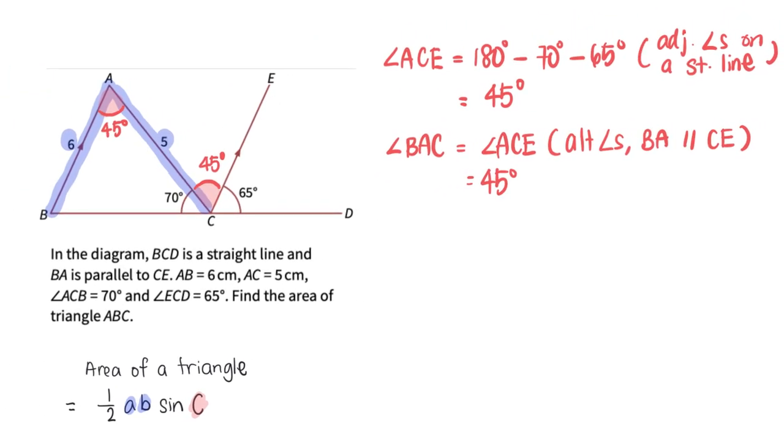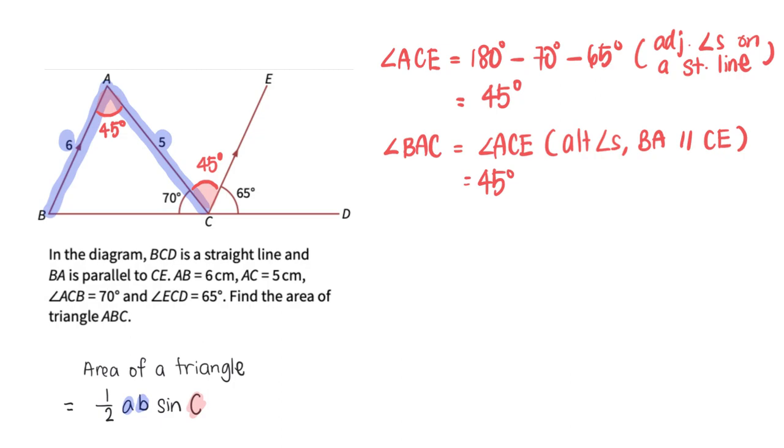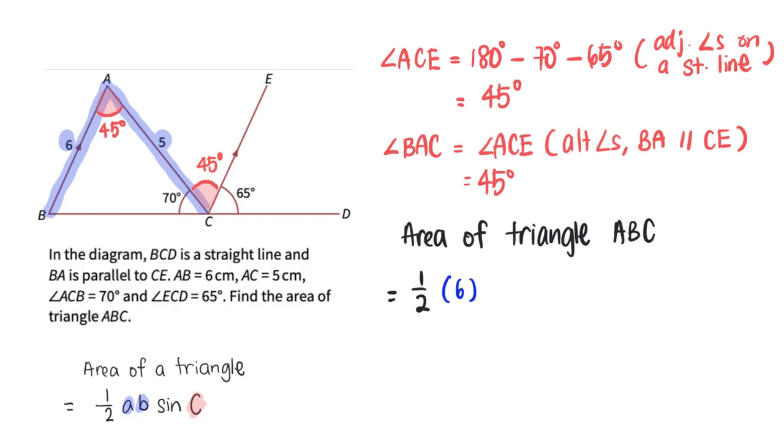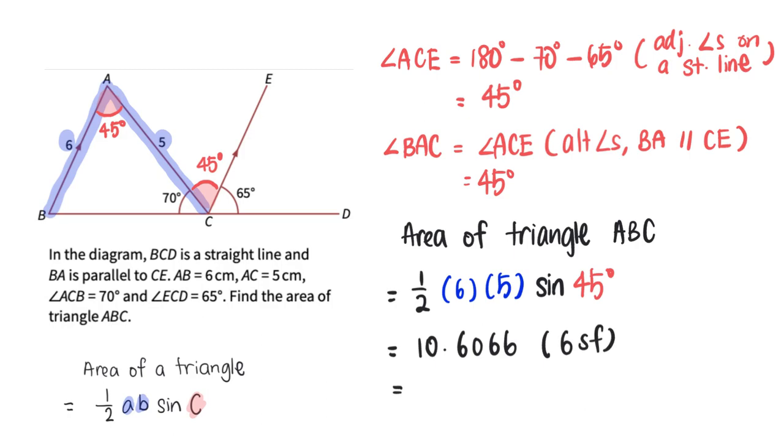The moment I found out that this is 45 degrees, I can then apply my formula, which is half multiplied by 6 and 5, and again multiplied by the sine of 45 degrees, to give me a value of 10.6066, 6 significant figures, followed by 3 significant figures, 10.6. And we are done. Let's move on to the next question.